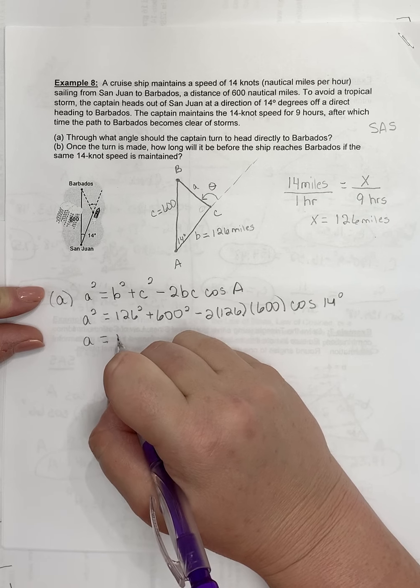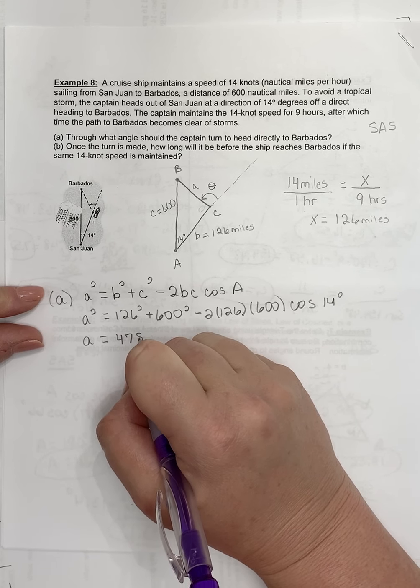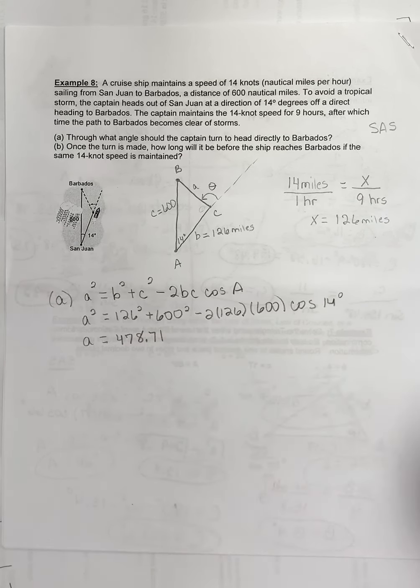Complete that, take the square root. Don't forget to take the square root. I'm skipping that step, but make sure that you do that. You end up that A is 478.71.